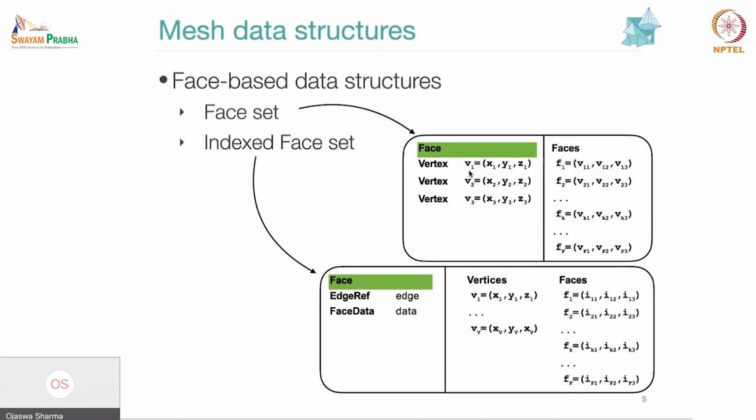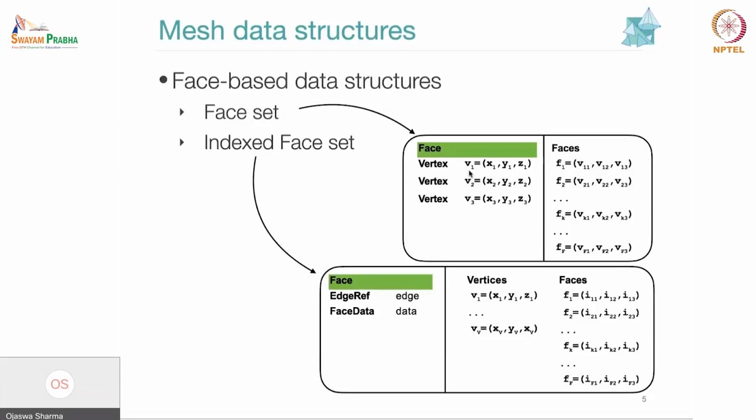Known as a triangle soup. Right? So you have a collection of faces. It's a triangle heap or soup, and there is no connectivity information. And unfortunately, it is also difficult to create connectivity information out of it.